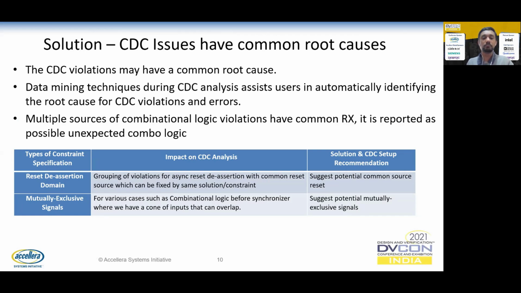For example, multiple sources of combinational logic violations may have common RX. This is reported as possible unexpected combo logic violations in the design. Similarly, the same source of asynchronous reset can affect different fan-out cones, resulting in a huge number of asynchronous deassertion violations in the design. And all the multiple RX destinations can be fixed by fixing one single source in the design.